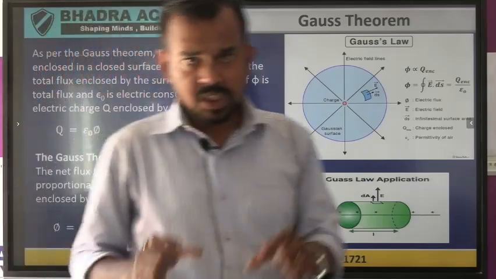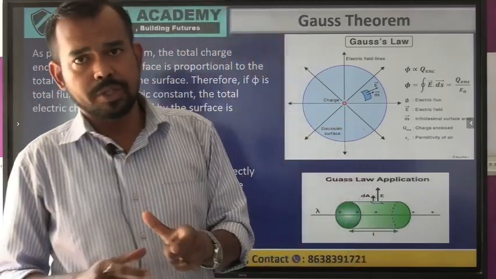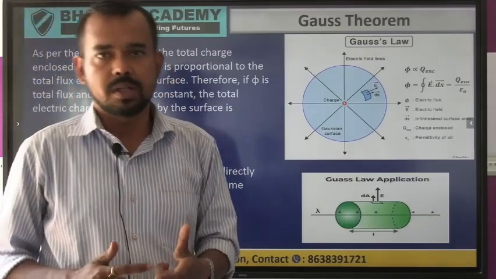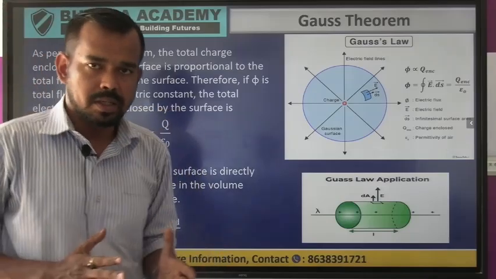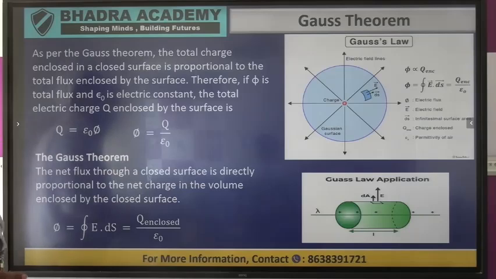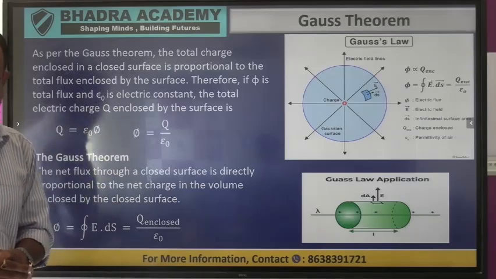This is a very important theorem from the examination point of view of CUET, and questions will come from this topic, so you must be clear on it. I hope certain things are now clear to you.